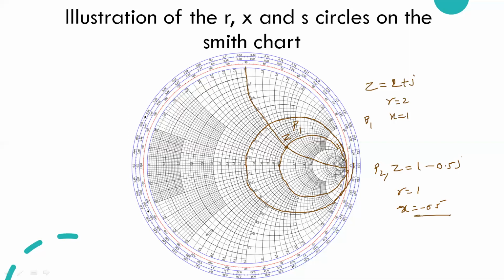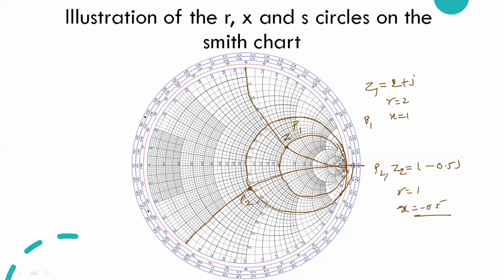You have to go in the opposite direction: 0, minus 0.1, minus 0.2, minus 0.3, minus 0.5. This is the X equal to minus 0.5 circle. Wherever the R equal to 1 circle and the X equal to minus 0.5 circle intersect, this point is P2, the second value. So these are Z1 and Z2 impedances, some examples.